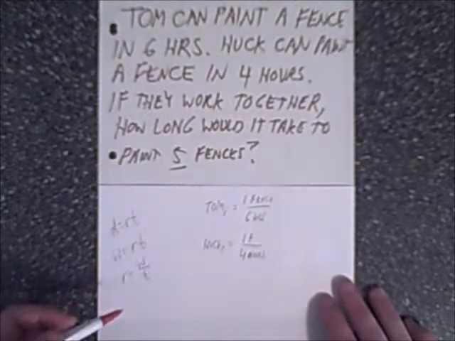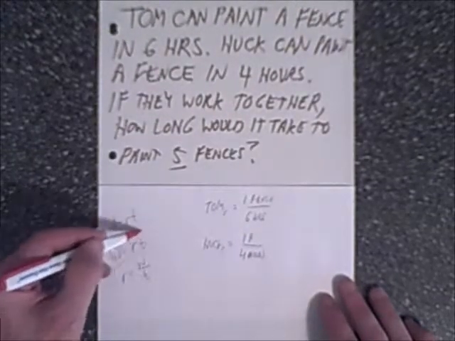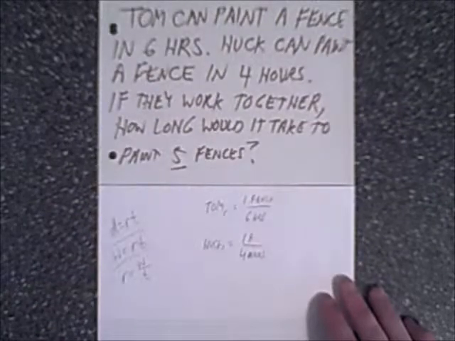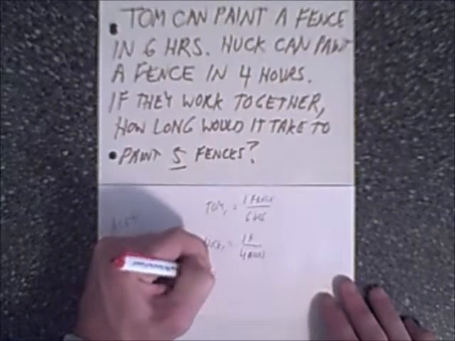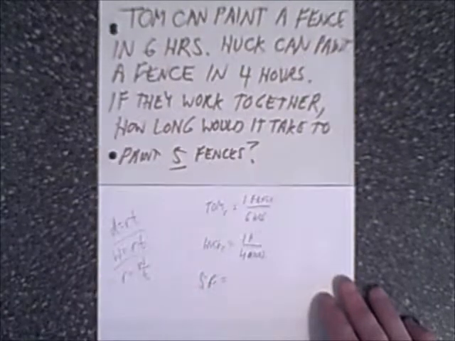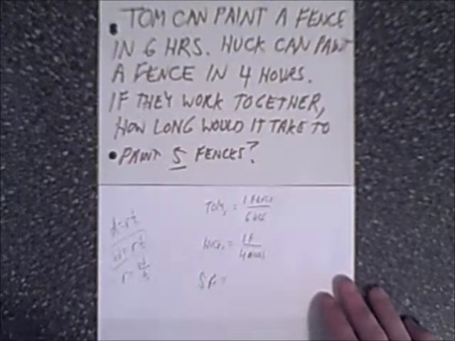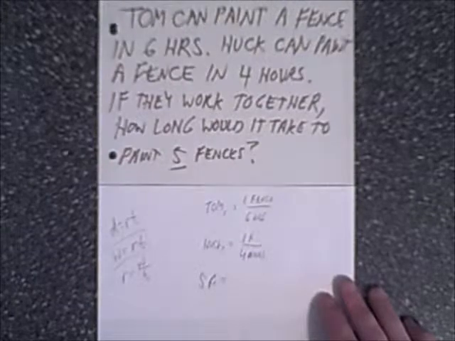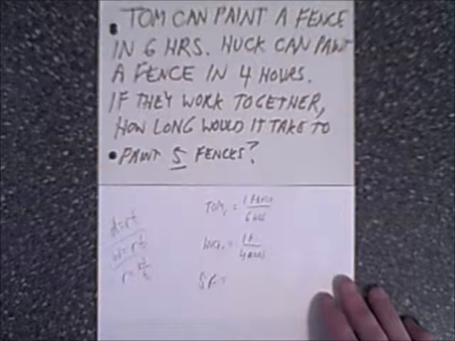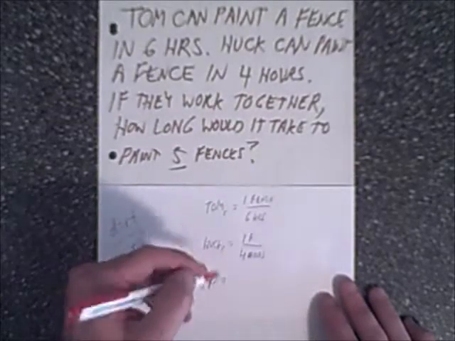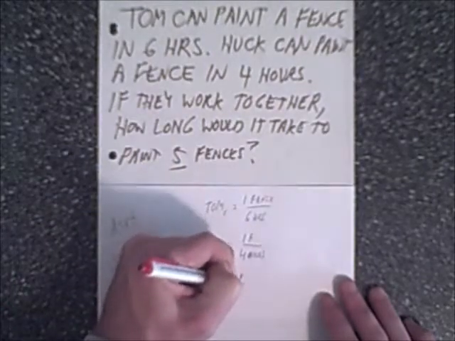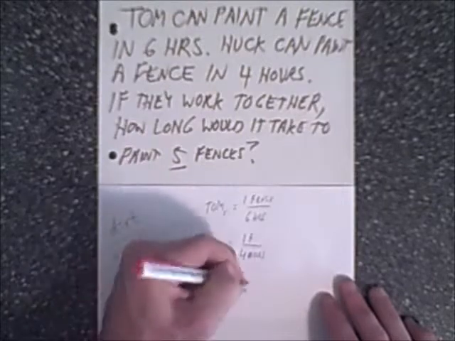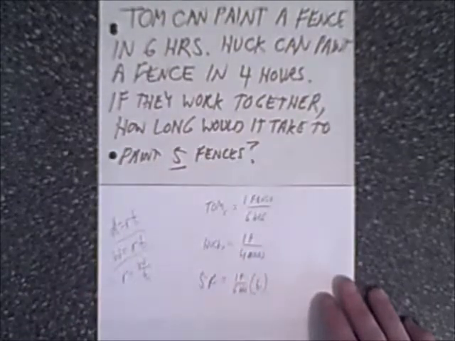So let's write it out. Again, go back to our original idea. Work equals the rate times the time. The work that's going to be done is 5 fences, so 5F. Okay, and let's start with Tom. Tom's part of these 5 fences is going to be his rate, which is 1 fence per 6 hours, times the amount of time he works.